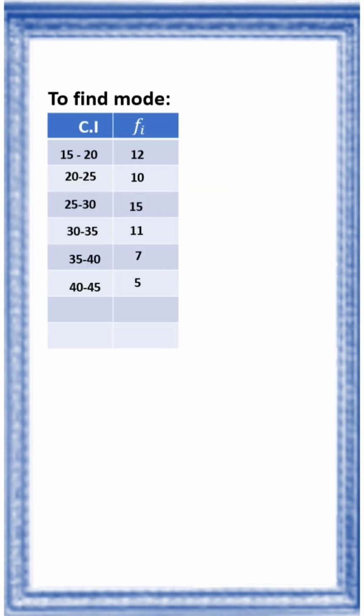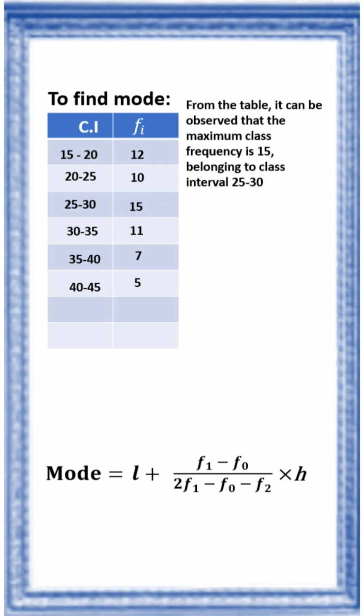Now let us find the mode. Let us write the class intervals and frequency in vertical columns like this. Mode formula is L plus (f1 minus f0) upon (2f1 minus f0 minus f2) into h. Now let us identify the terms.